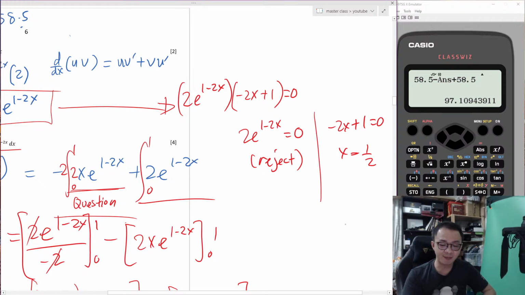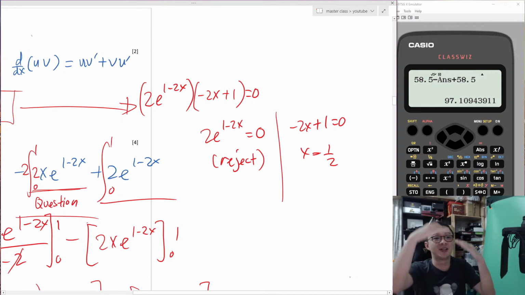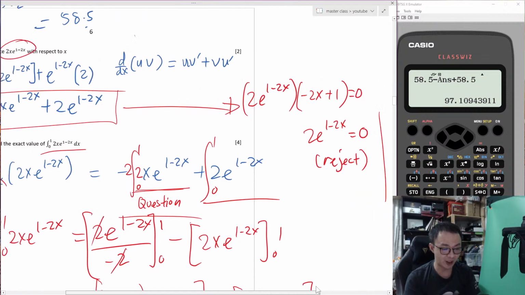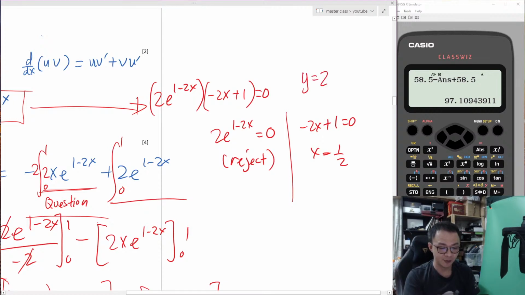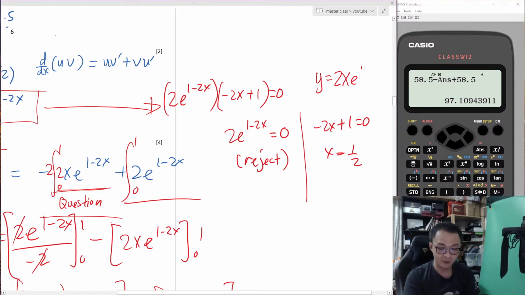Alright, then I just sub the 1 over 2 into the y. Then I can know my graph is above or below. So I sub into my y equation, which is the original equation. I will assume my y is 2x e^(1-2x). Then I sub into here. So my y coordinate is 2 times 1 over 2 times e^(1-1). So 1 minus 1, e to the power of 0.